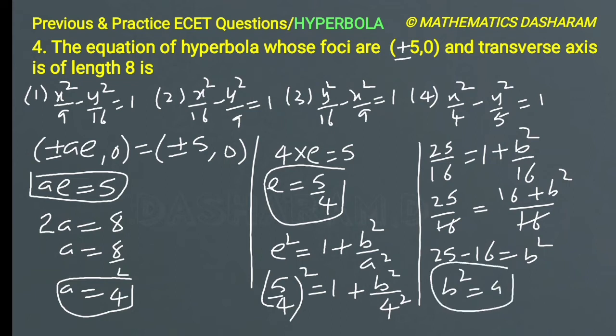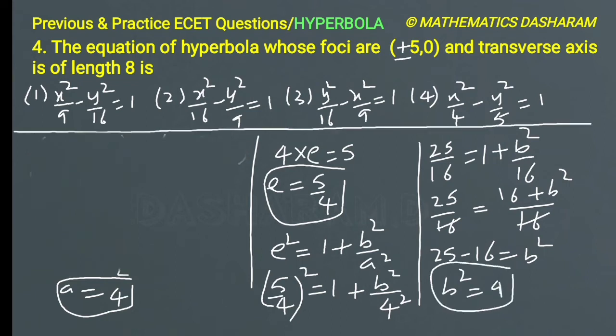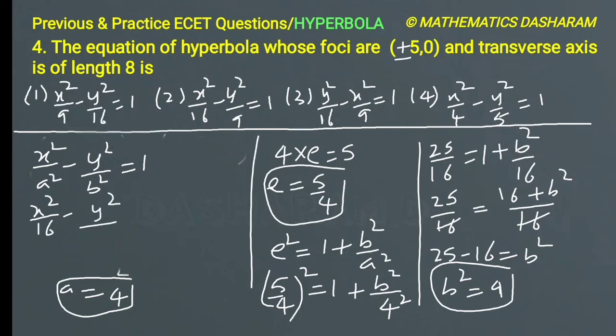No need of B value, B square is enough. Now the standard form of a hyperbola is x square by A square minus y square by B square equals 1. Let's substitute the A and B values in this. Here A value is 4, so A square is 16, minus y square divided by B square value 9, equals 1. So option 2 is correct.